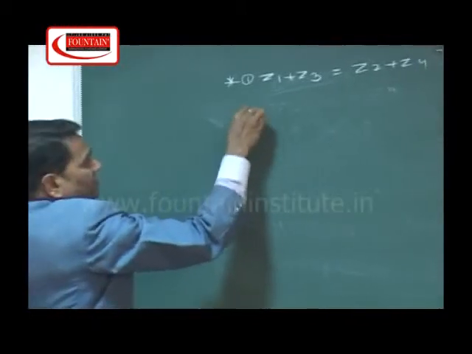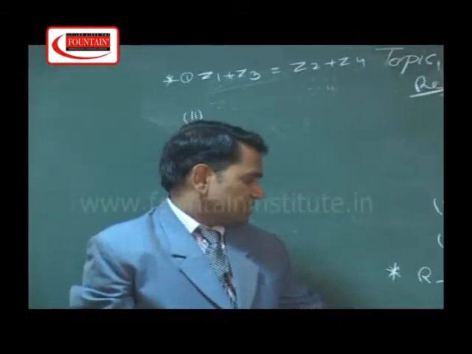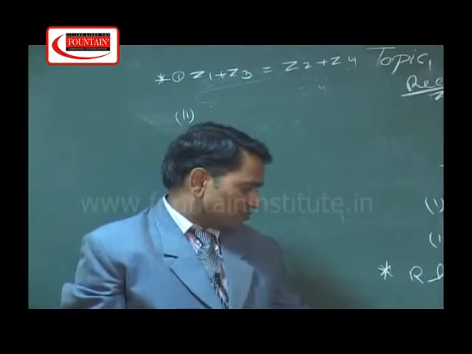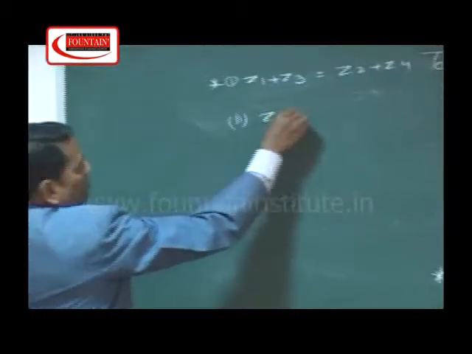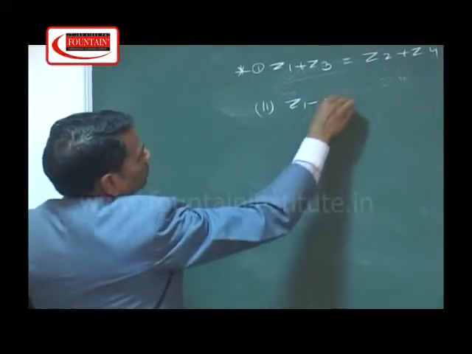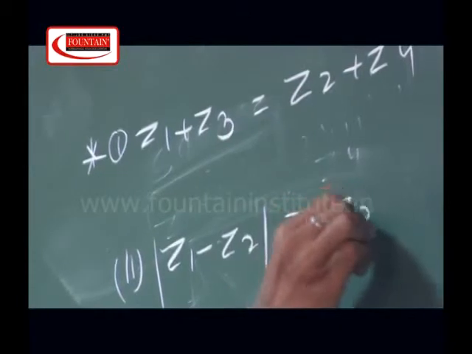And the second condition is all sides are equal, so the length |z1 minus z2| is equal to |z2 minus z3|.